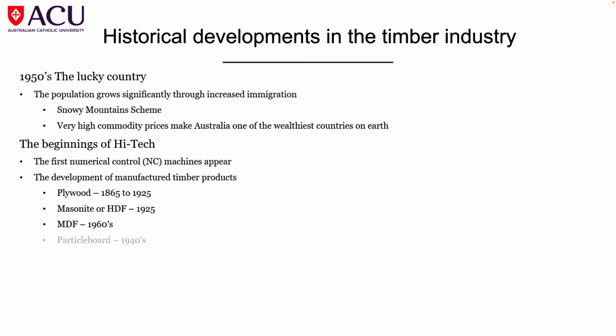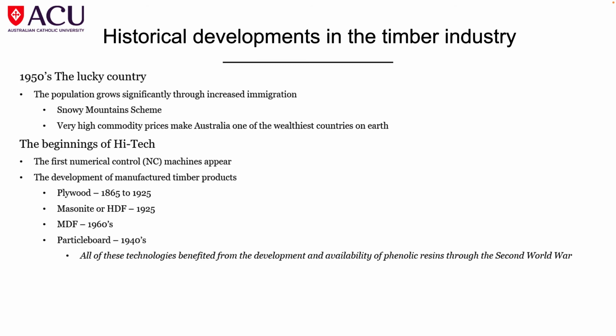Now, we've got to talk about particle board as well, which we also call chipboard, around about the 1940s. And this is where I want to talk about how a whole lot of different technologies are starting to come together and come to fruition. All of the manufactured boards benefited from the development and availability of phenolic resins through the Second World War.